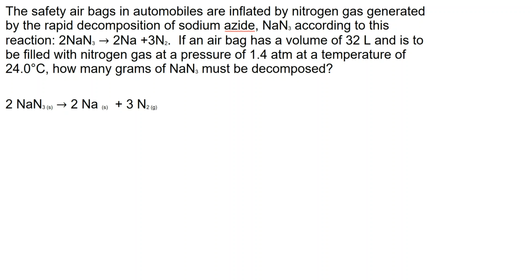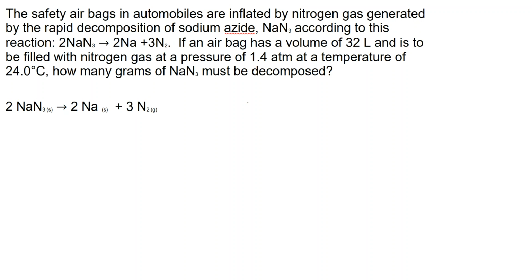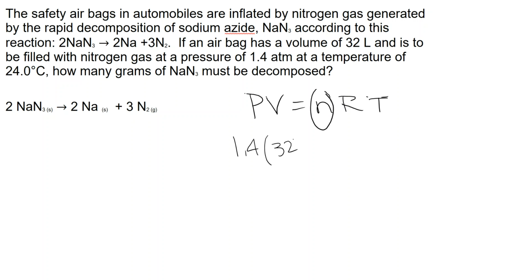So we're going to start with our ideal gas law, which is PV equals nRT, and we are going to be solving for n. The pressure given is 1.4 atmospheres times a volume of 32 liters is equal to n, what we're solving for, times R, the ideal gas constant, 0.0821, times temperature.